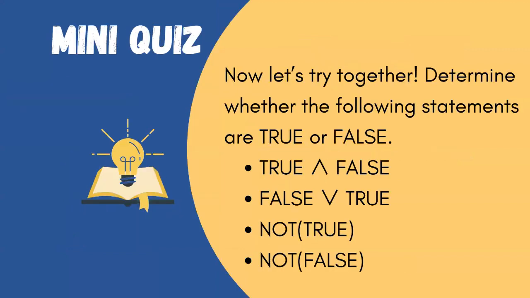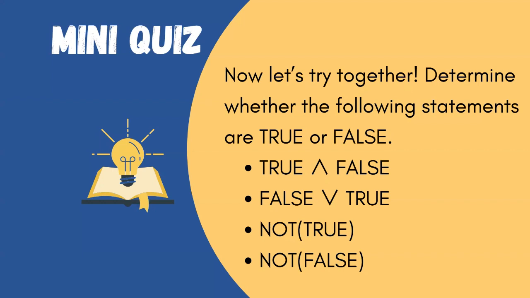Okay, I have a mini quiz for you. Let's try together to determine whether the following statements are true or false. For number 1, true and false equals false, because the connective "and" is true only if both statements are true.